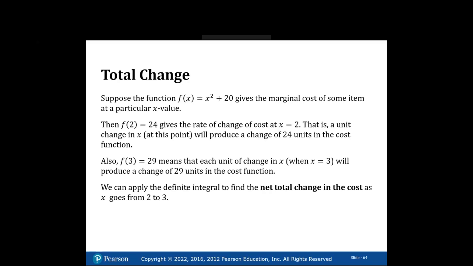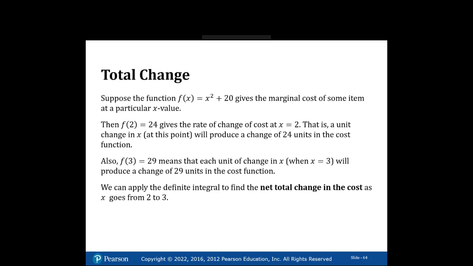Or a unit change in x will produce a change of 24 units in the cost function. So that's just defining what it means for the marginal cost function, right? And for f of 3, if it's equal to 29, then each unit of change in x produces a change of 29 units in the cost function when x is 3.